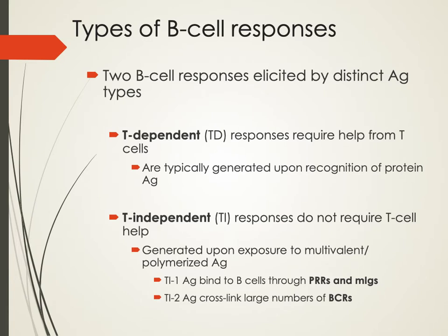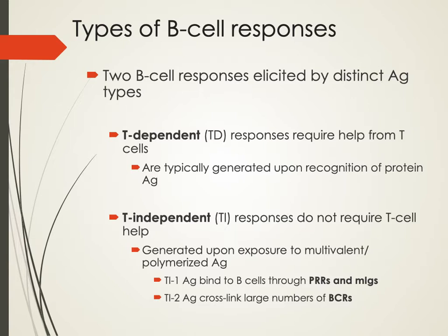Now, when we look at B cell responses, there are two different types. There's T-dependent, or TD, and the T here is actually a T cell. This T-dependent response is going to require T cells in order for the B cell to activate and respond.